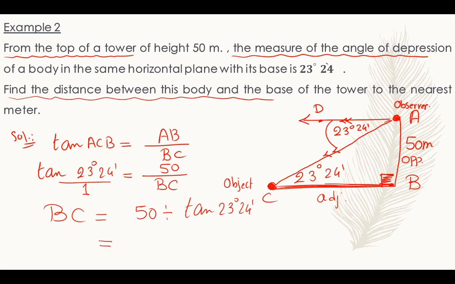By using your calculator, you will find that BC is approximately 116 meters. So the distance between the body and the base of the tower equals 116 meters. Okay, let's go to another example.